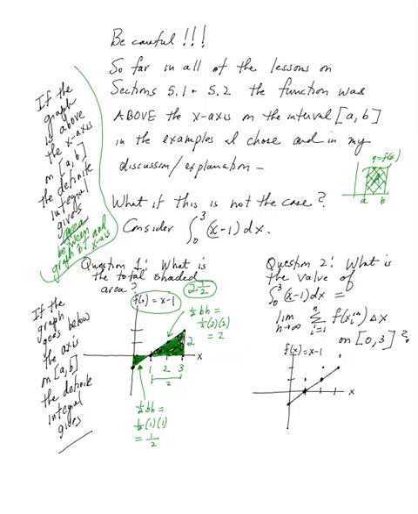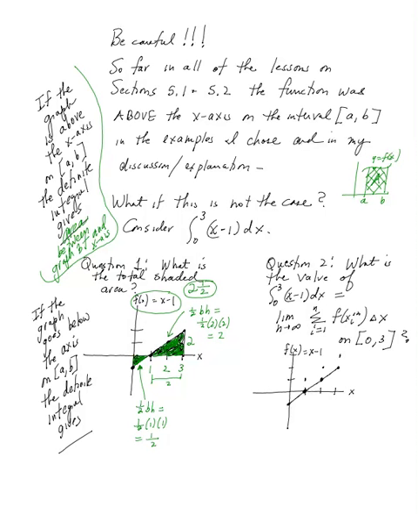But question 2 is a different question. What is the value of the definite integral from 0 to 3 of x minus 1 dx? And we know that by the definite integral, we mean the limit of a sum. Okay?